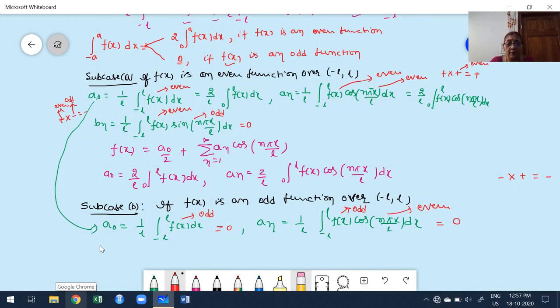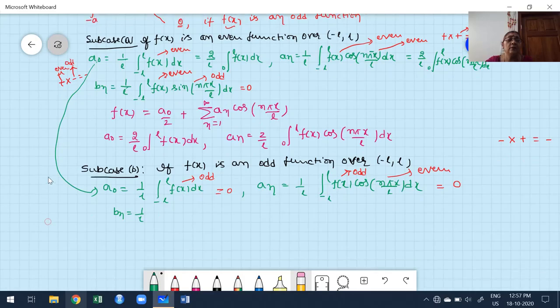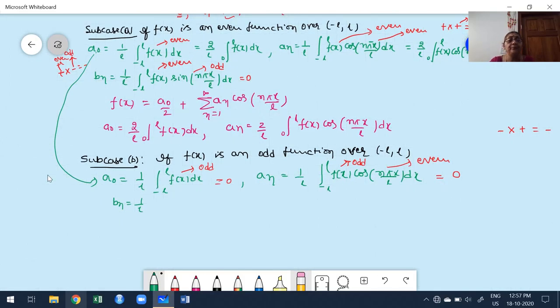Now move to the next, b n value. What is the b n here? B n is 1 by L, minus L to plus L, f of x sine of n pi x by L with respect to x. We already assume f of x is an odd function, and sine functions are odd.